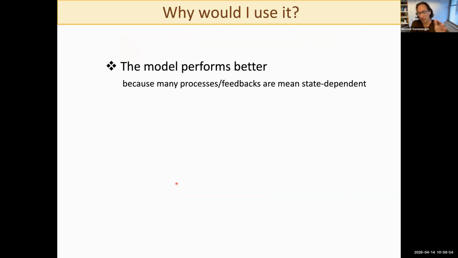That is because many of the processes and feedbacks that you are interested in are mean state dependent. And if you are operating your coupled model at a correct mean state, it is likely to perform better. But there's no guarantee. I just showed you that there are some situations, like the tropics in my simple model, that behave worse.